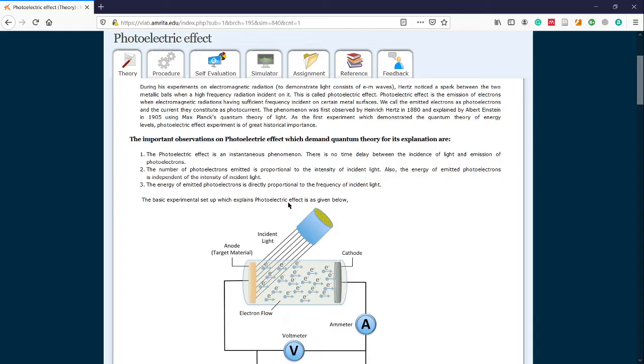When that condition is met, that means the incident frequency is higher than the cutoff frequency, only then will the photoelectron eject. What will be the kinetic energy? That energy will depend on the energy of the incident photon, that means the frequency.